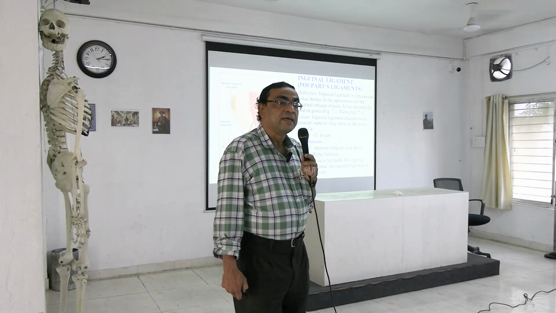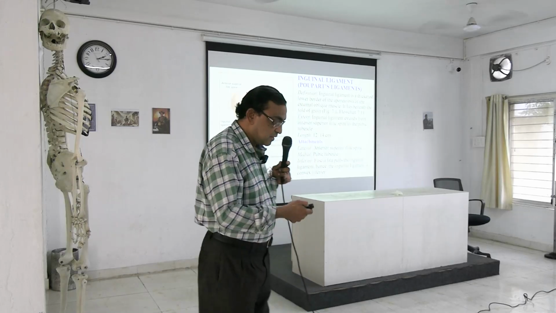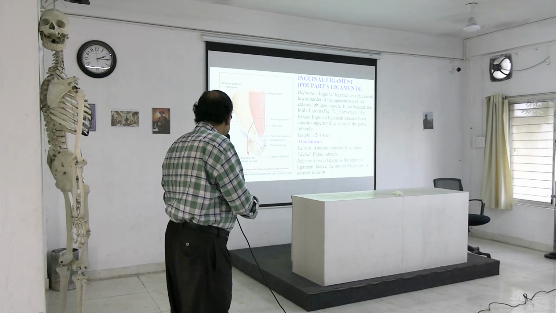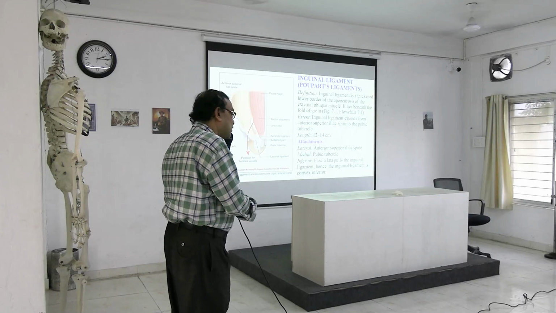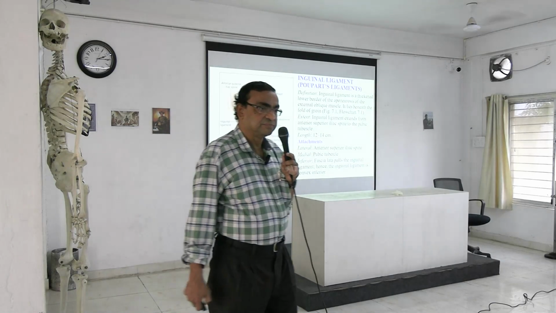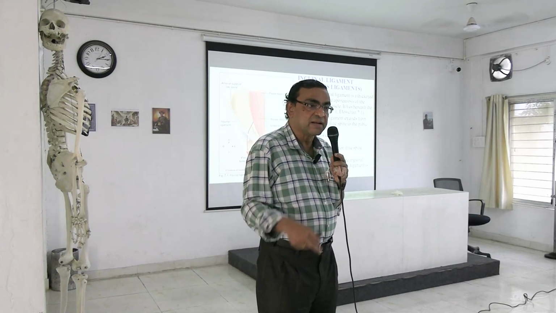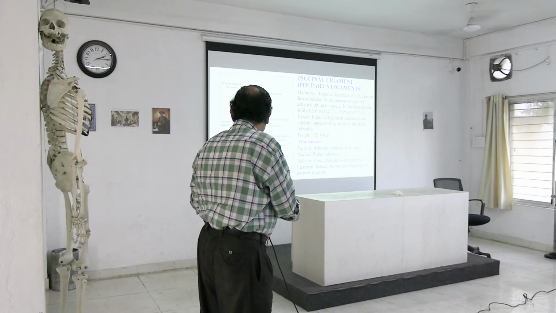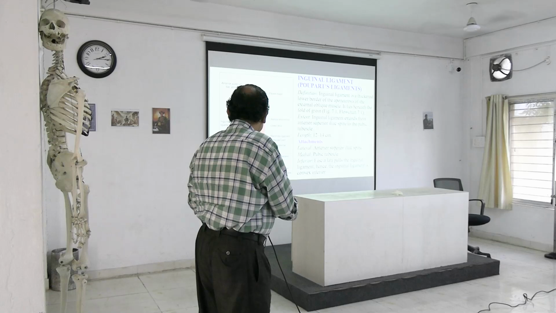Why? Actually, this demarcates the abdomen, and this area is the femoral region. That is the demarcating point, and there is a space between this ligament and the bone.